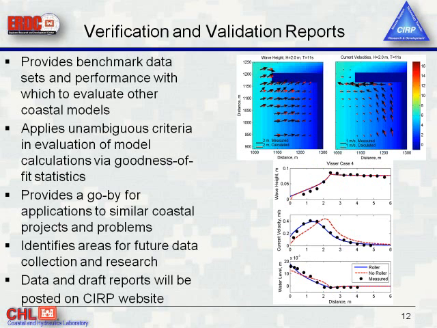And this case is an idealized inlet, a physical model study that was done here at Waterways several years back, and the one up here, I'm sorry. And we compared wave heights and the current velocities. And down here, this is a famous laboratory experiment by Visser. We looked at wave heights, longshore currents, and mean water levels.